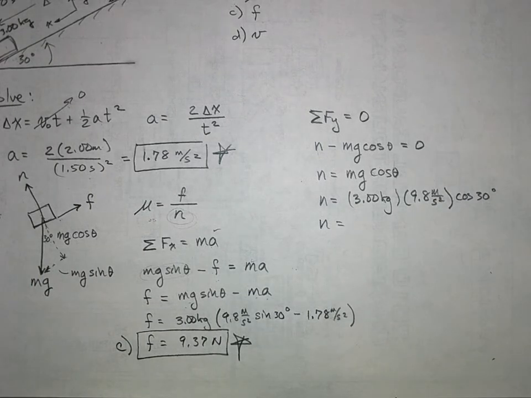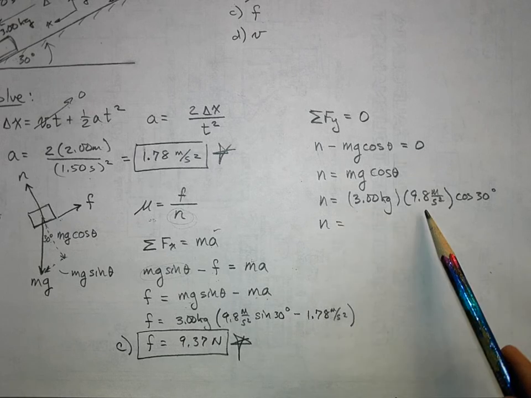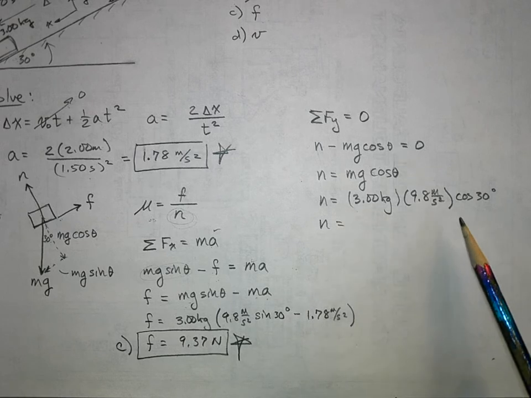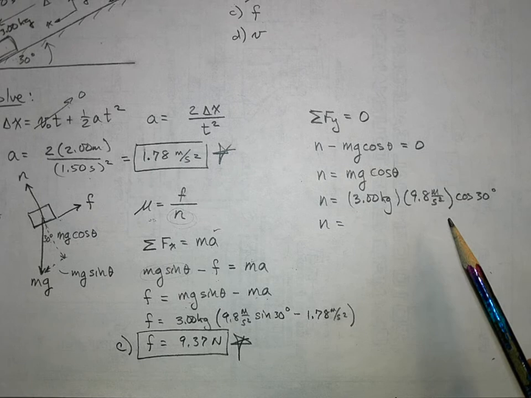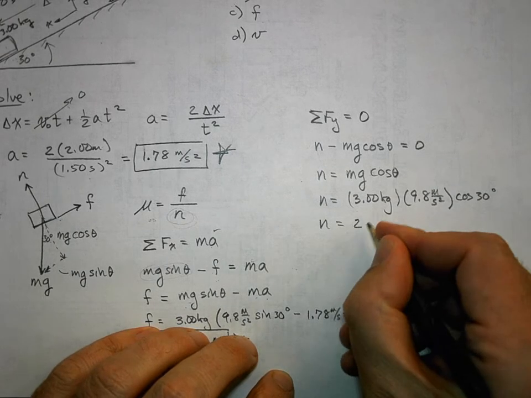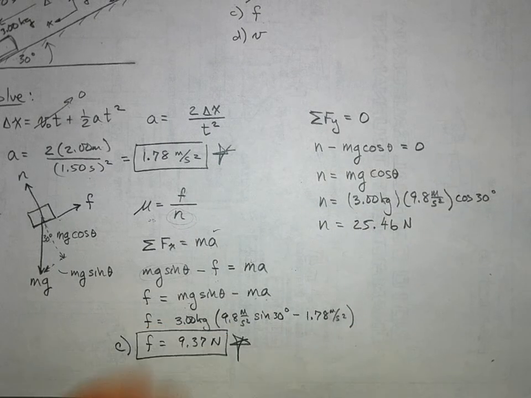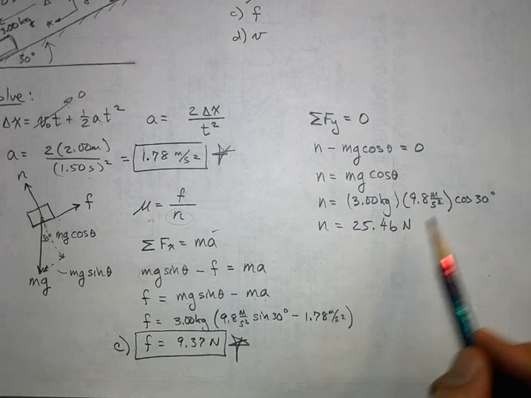Let me come up with an estimate. This is 3 times about 27, 26? 25.46 newtons. Okay. Because a kilogram meter per second squared is a newton.